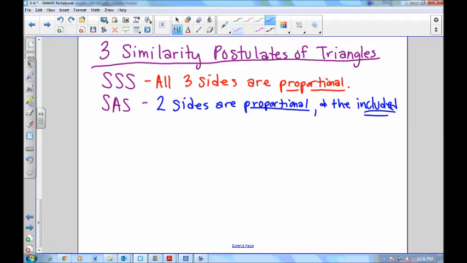Notice where the A is. It's sandwiched. Is the included angle proportional or congruent? Congruent, because remember, angles are congruent. It's the sides that are proportional. The sides have been dilated larger or smaller, but the angles stay congruent.